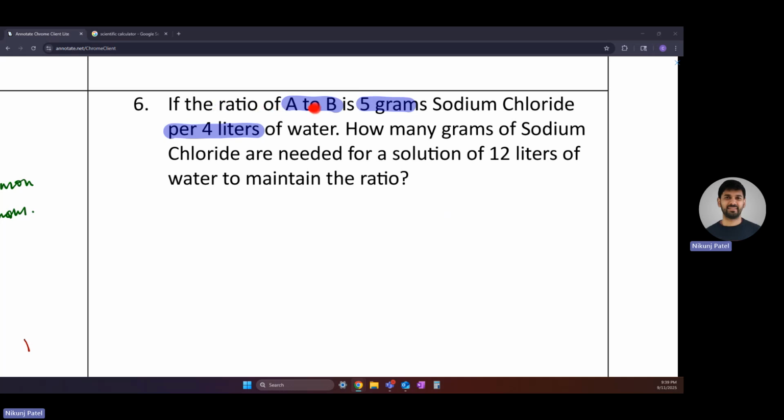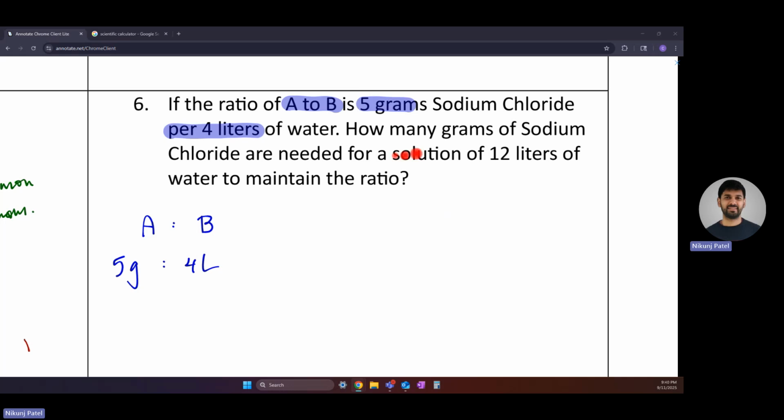A ratio, A to B, can be written like this, A to B. And then in the order that the sentence tells it to you in, right, 5 grams per, the per is like this colon I put right here, 5 grams per 4 liters. So 5 grams per 4 liters, just like that.